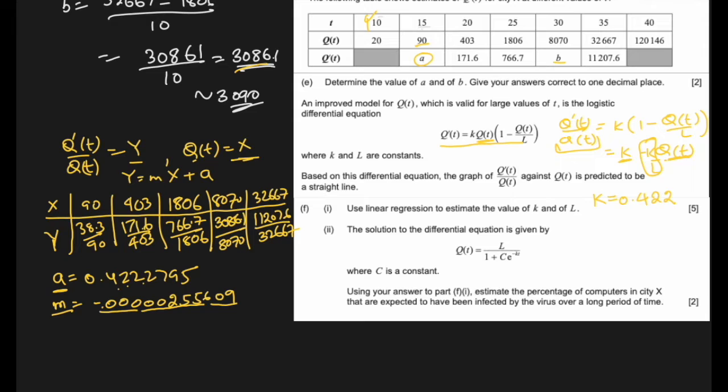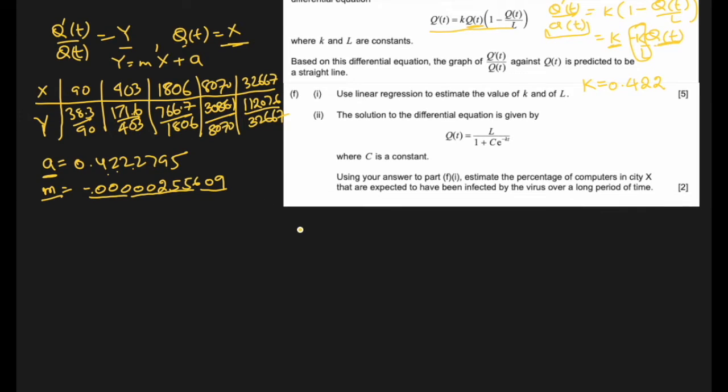This is the gradient part. So minus k over L is equal to minus 0.0000255609, and our purpose is to find L. Both are negative, so we can cancel them. K we already know.